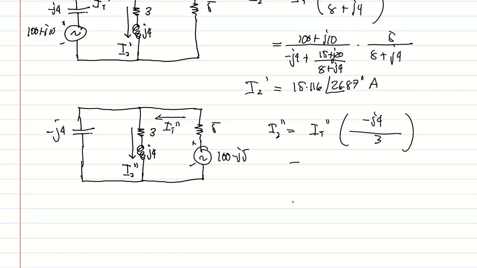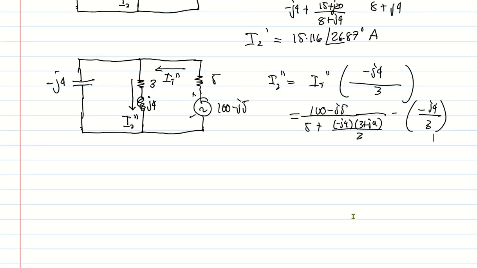And again, for the total current, this is the voltage 100 minus j5 all over Z total. This time we have 5 in series with the parallel combination of the two, which is negative j4 multiplied by 3 plus j4 all over the sum. The sum is 3. And you multiply this with negative j4 all over 3.